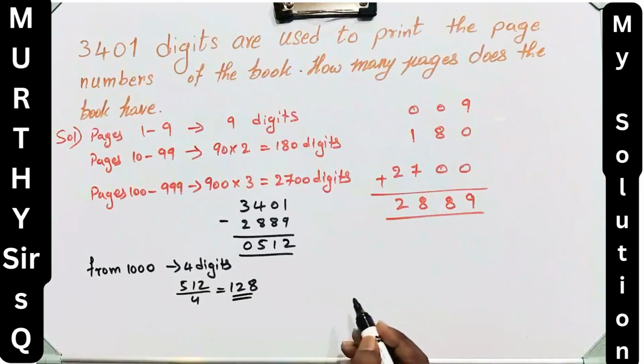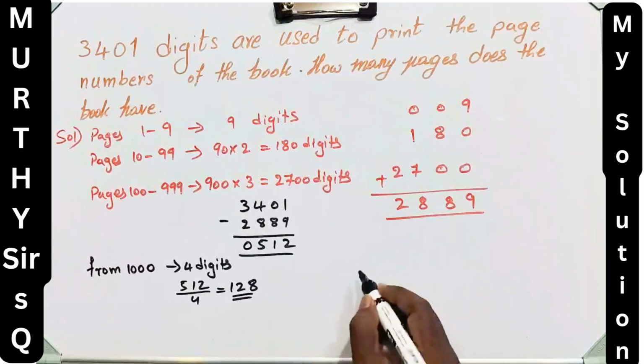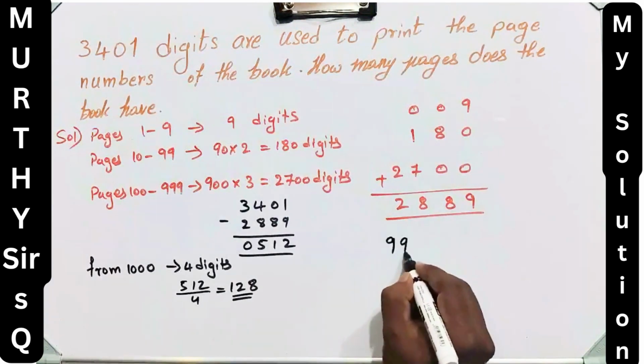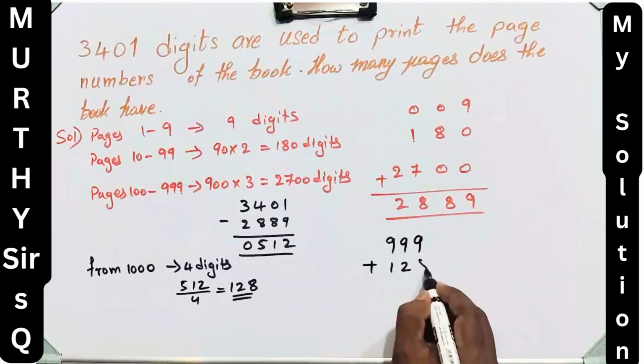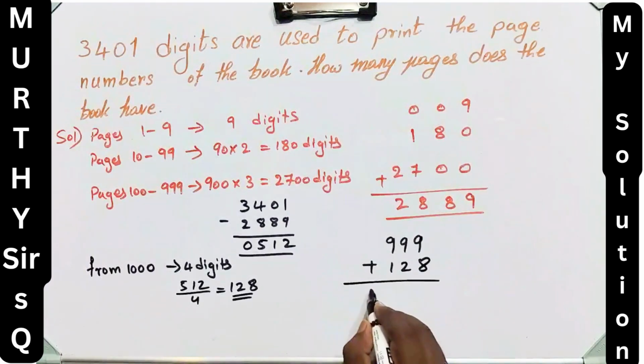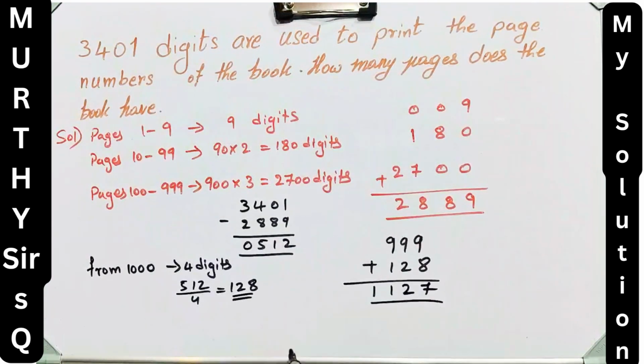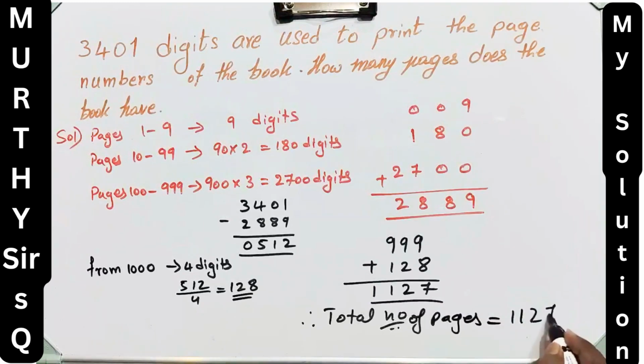So our answer will be 999 plus 128. So our answer will be 1127. So therefore the total number of pages is equal to 1127, right?